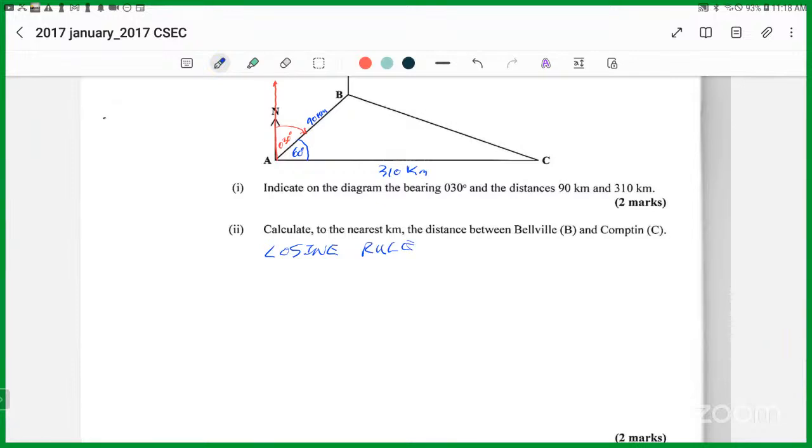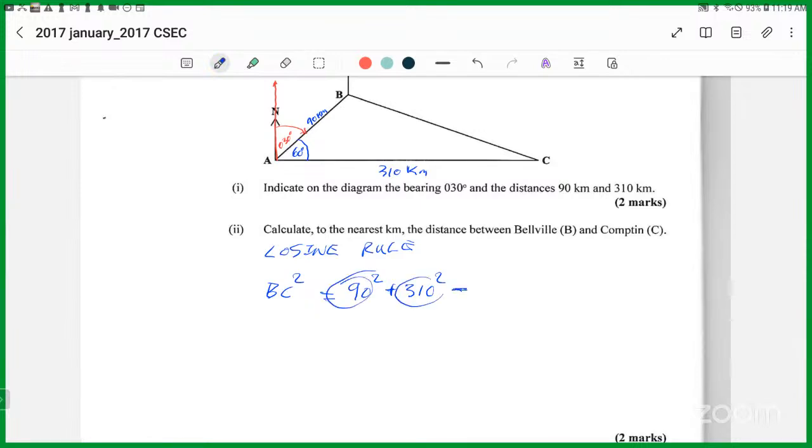So remember, cosine rule starts out like Pythagoras theorem. BC squared would be equal to this side squared plus that side squared. If it was Pythagoras theorem, 90 squared plus 310 squared. But it's not Pythagoras theorem, so you subtract a piece. What do you subtract?